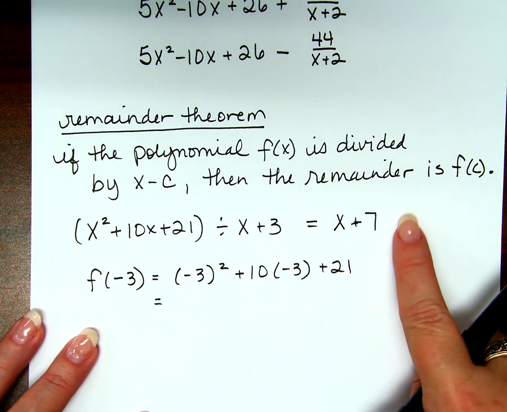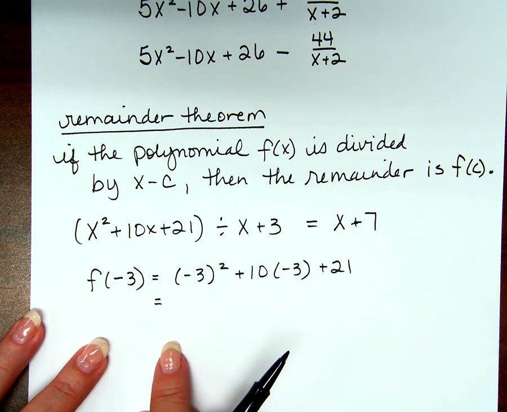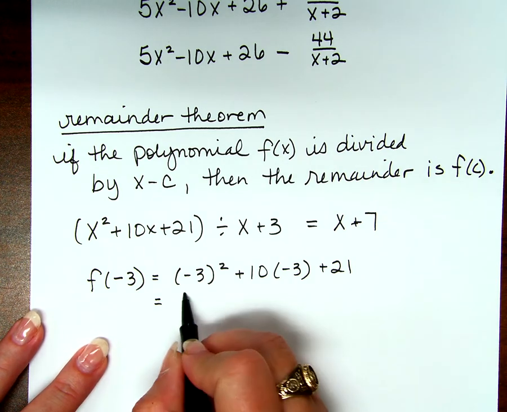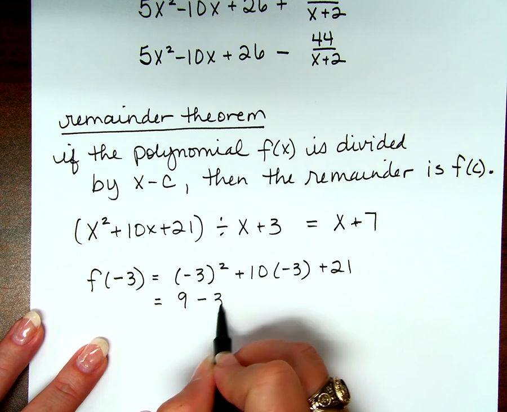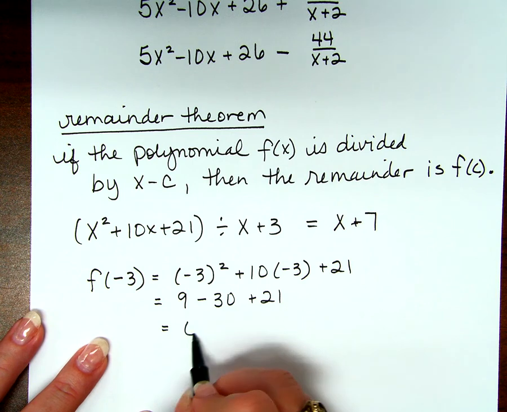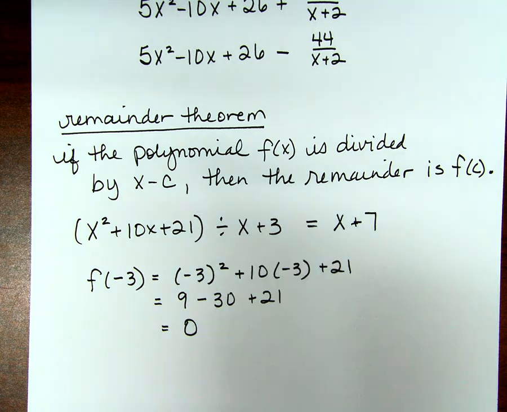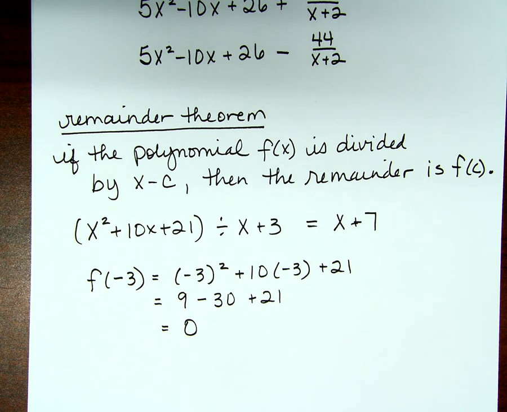Well, what remainder did I get over here? 0. So this value right here should be 0. Well, is it? 9 minus 30 plus 21. 0. That's the remainder theorem. Does that make sense? Okay.